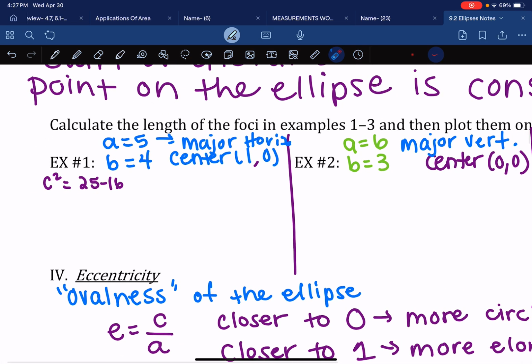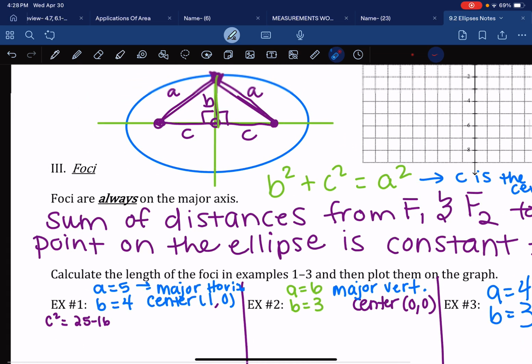All right, so let's say that we have A is equal to 5 and B is equal to 4. And let's say that our major axis is horizontal and that our center is (1, 0). So let's think about it.